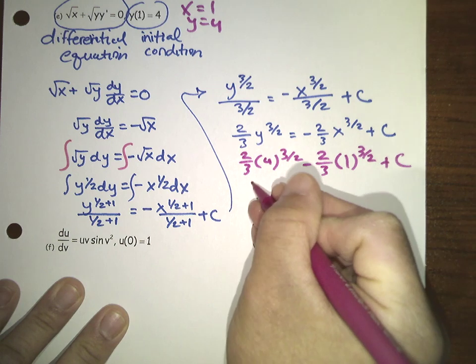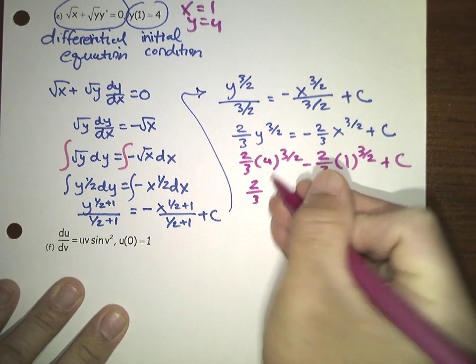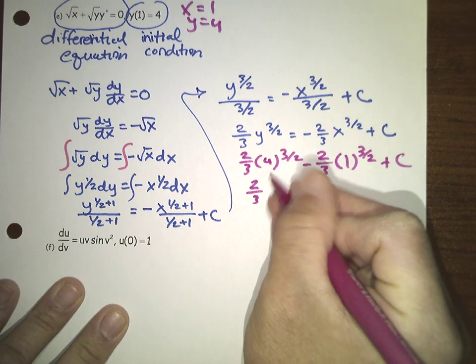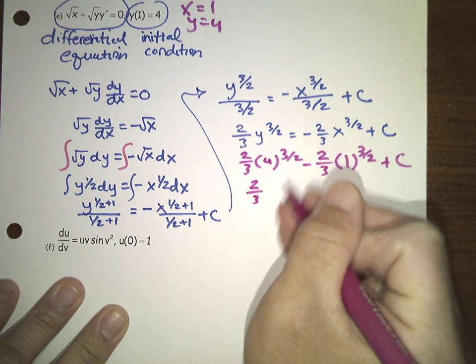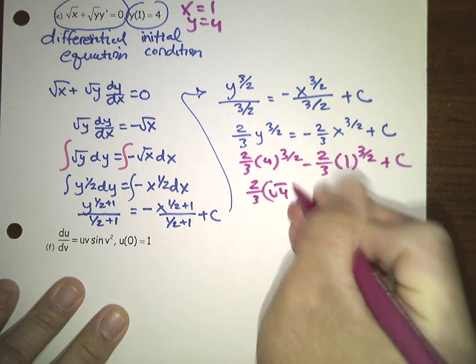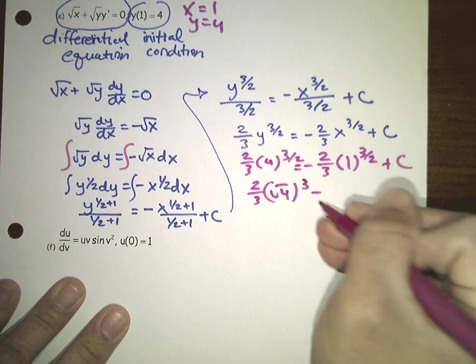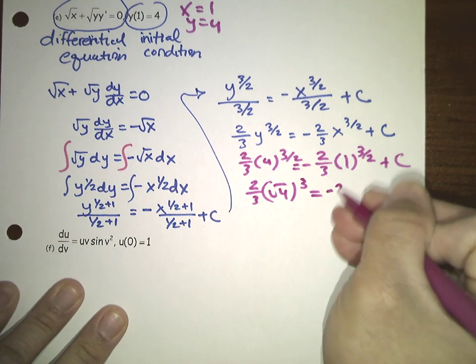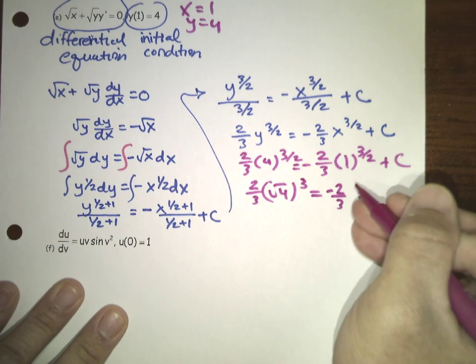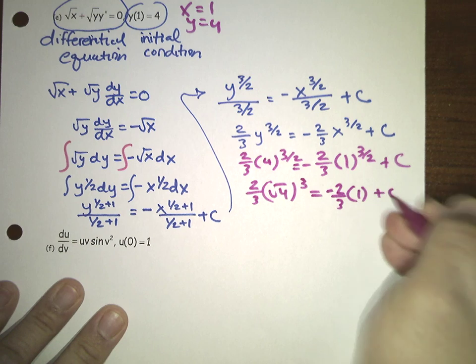The 2 in the denominator means square root, so it's the square root of 4 to the 3rd power. Oh, did I put equal? I did not write equal. Okay, equals negative 2/3 times 1 to the 3 halves, which is 1, plus c.